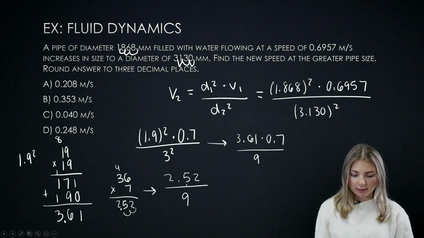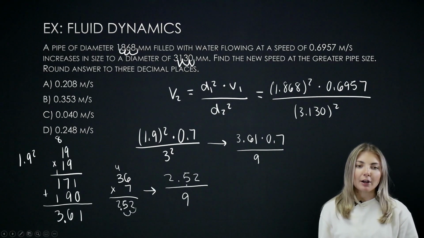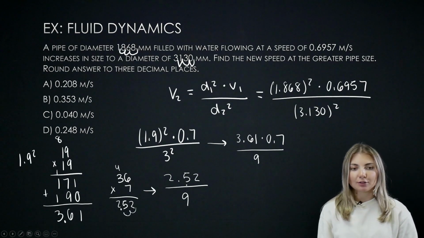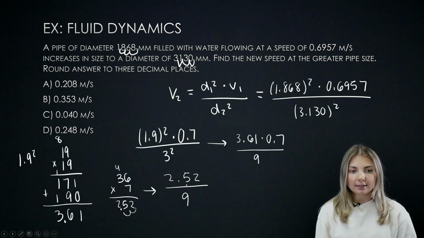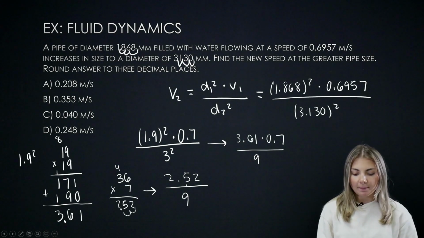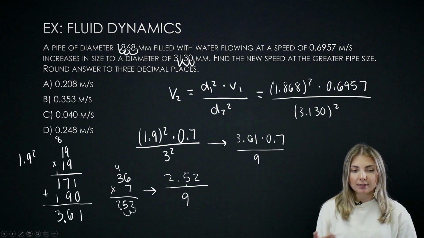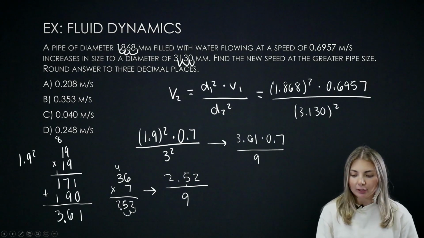Now, looking at this may seem tricky, but I'm going to use prior knowledge that 9 divides into 27 3 times in order to solve this. So we know that 2.7 divided by 9 is going to equal 0.3. So if we have a smaller number divided by 9, we know that this is going to be slightly less than 0.3.